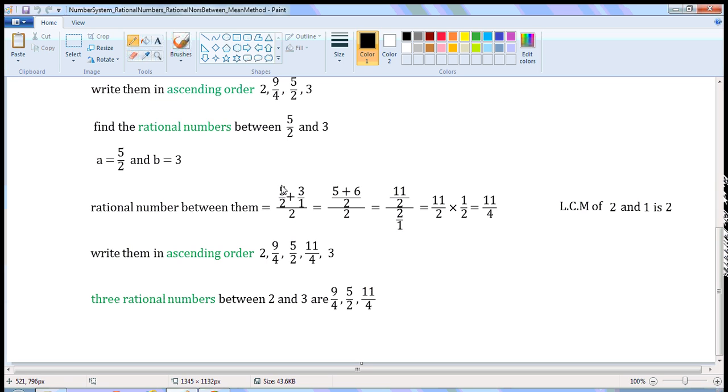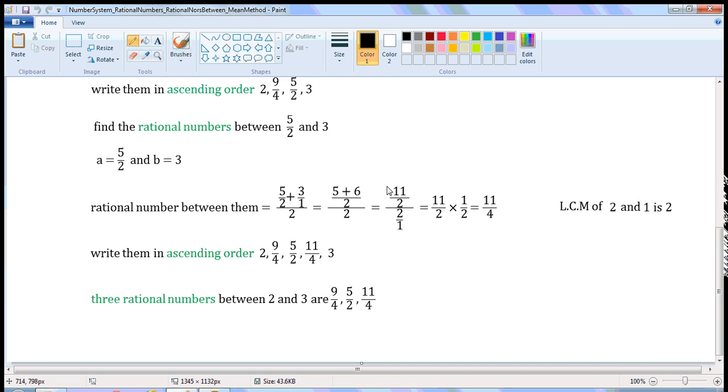Multiply the numerator with 1. 5 into 1 is 5. So write 5 here. Plus, divide 2 by the denominator 1. 2 when divided by 1, we get 2. Multiply the numerator with 2. 3 into 2 is 6. So write 6 here. 5 plus 6 by 2, all by 2.